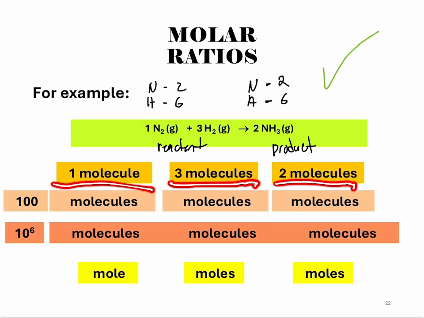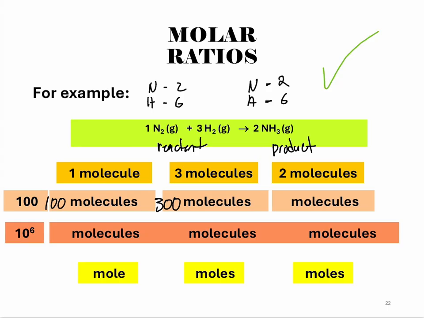If this reaction happens 100 times, now we need 100 nitrogen gas molecules with 300 hydrogen gas molecules to form how many ammonia molecules? 200, right? We need this combination for this reaction to happen 100 times.